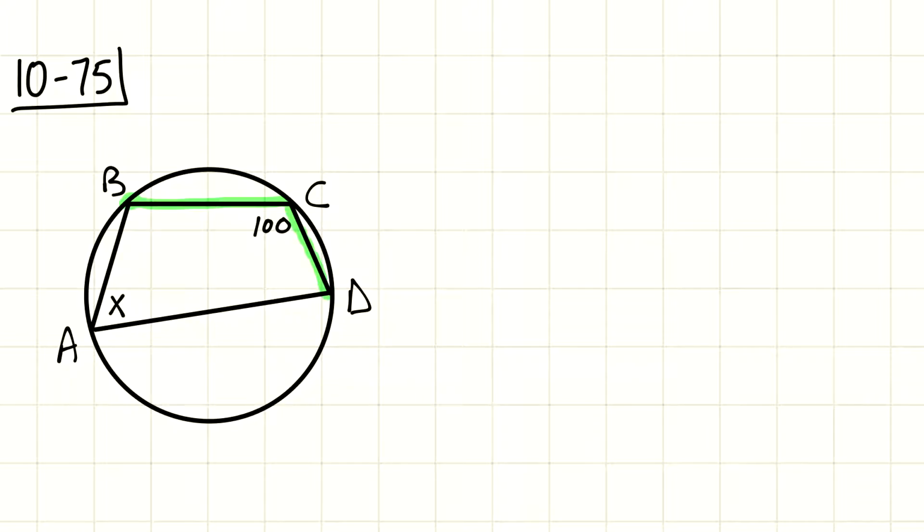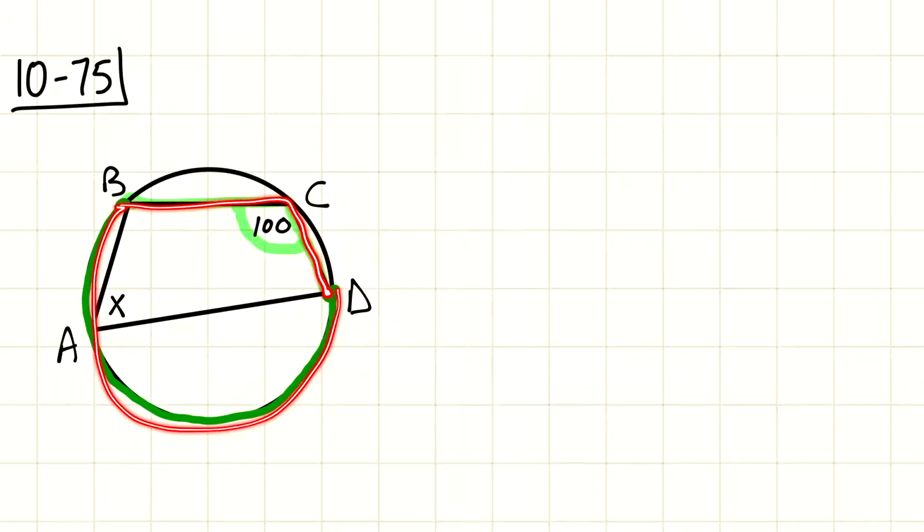So if I have angle D, or I'm sorry, angle C, which is 100, and I focus on the arc that's associated with it. So in this case, the arc goes from B all the way to D.